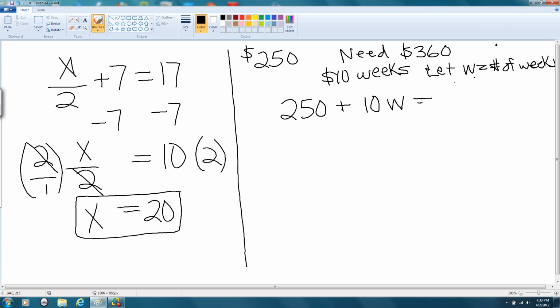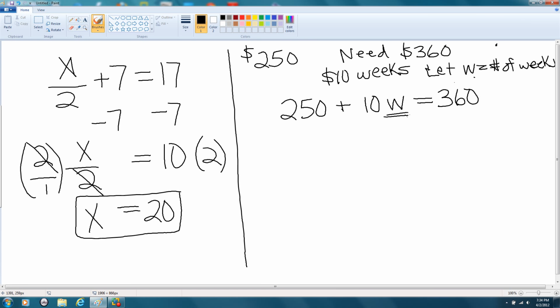And if I say that is equal to 360, that should tell me the number of weeks. The W here will be the number of weeks. So if I now solve this equation, it'll tell me how many weeks I need to save $10 a week so that I have my $360 to buy my computer.